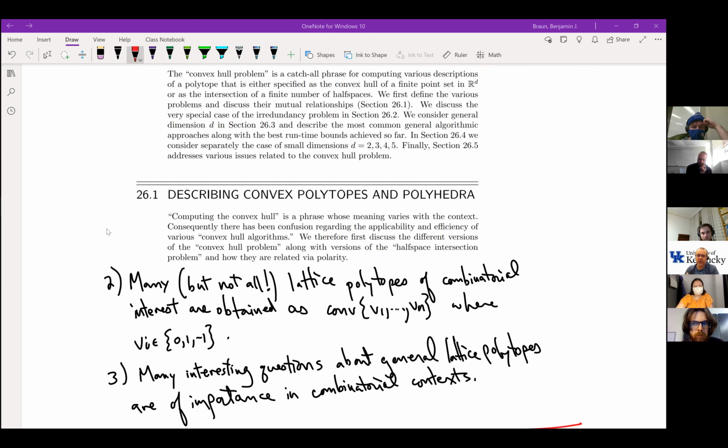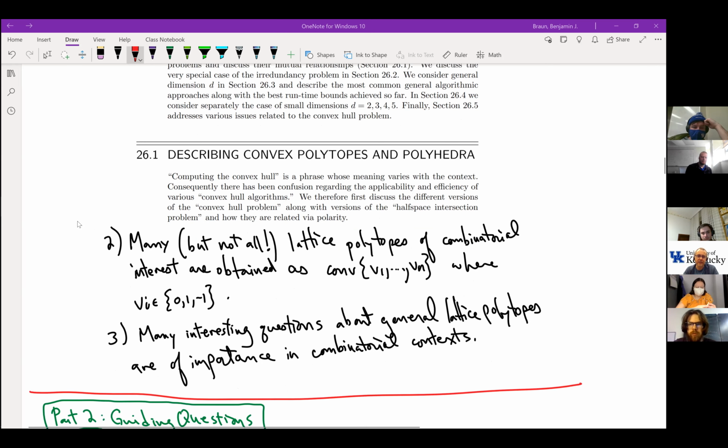I just want to toss that out there because I definitely have noticed this. If you're talking to an enumerative combinatorialist versus a discrete geometer studying lattice polytopes versus an optimization person, sometimes they'll just say, oh, you just compute the thing, and what they mean really is different. Okay. All right.